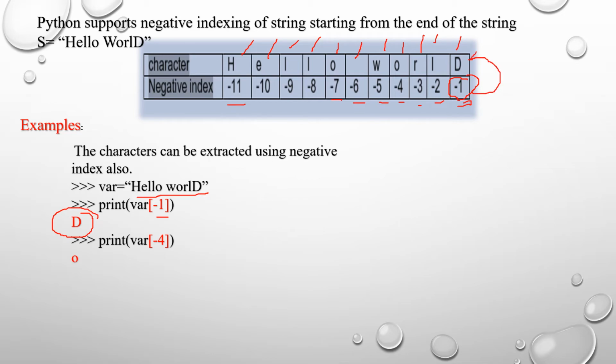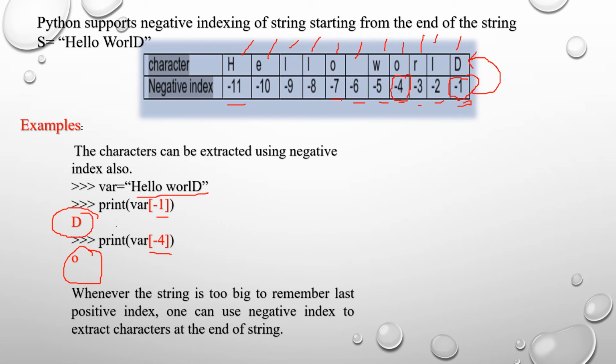Then print var[-4]. Within the square bracket we write -4. -4 is the index of the character o, so here o is going to be printed.